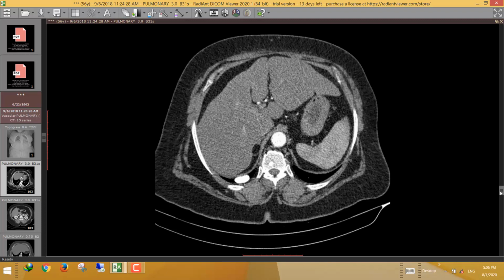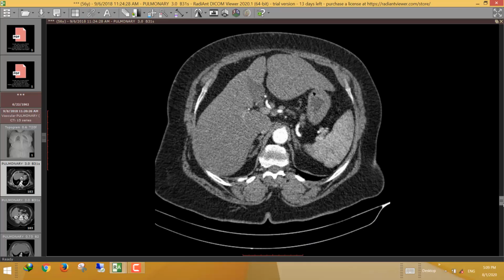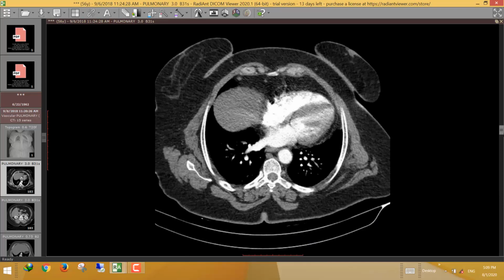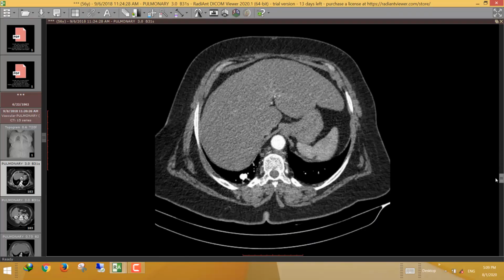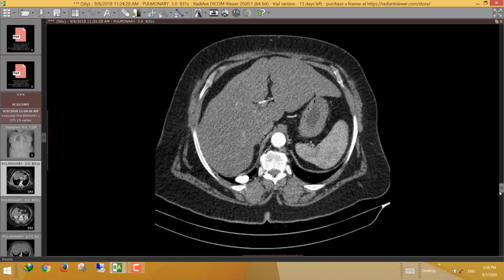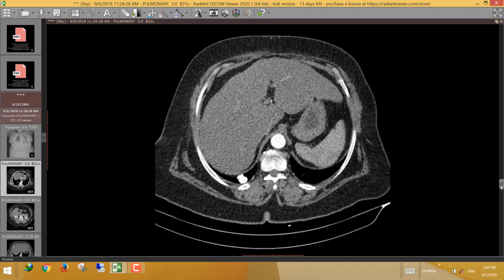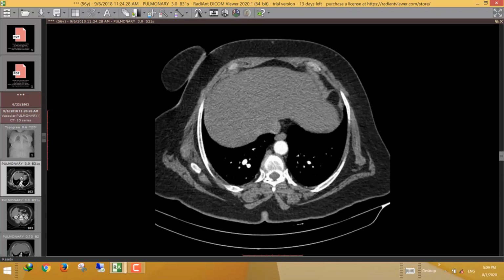It is a fistulous communication between the pulmonary artery and pulmonary vein. The artery is hypertrophied and the vein is hypertrophied due to arteriovenous shunting, and the vein is opacified at the same phase of the arterial phase, also due to arteriovenous shunting.